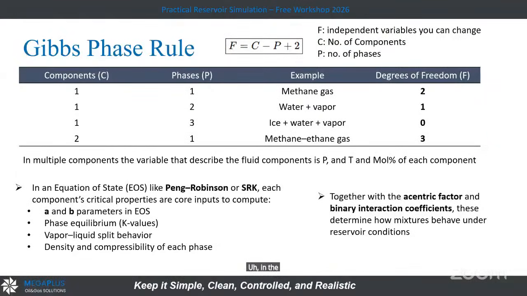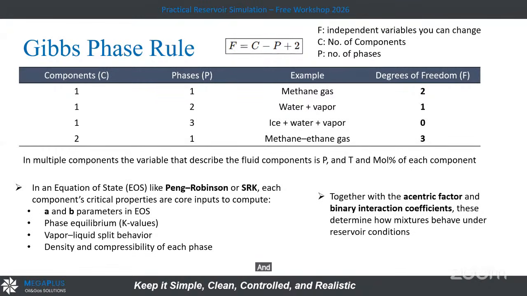In the Gibbs phase rule and degree of freedom, I need to know the number of variables that will express the components. As an example, if I have here only one phase, gas, with two components in one phase, to express the fluid I have to know the pressure and the temperature and the mole percent of one element.